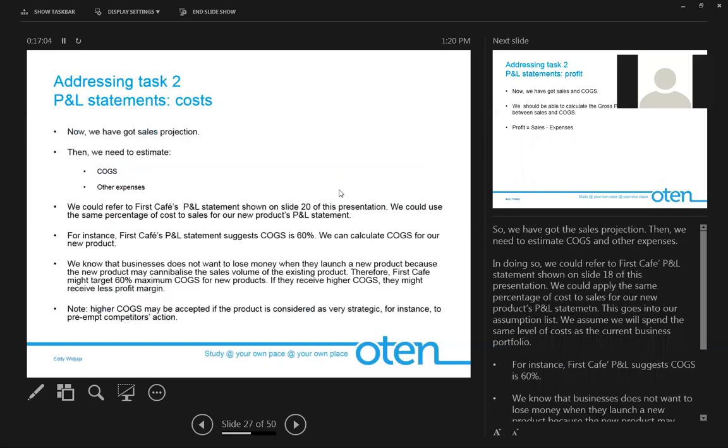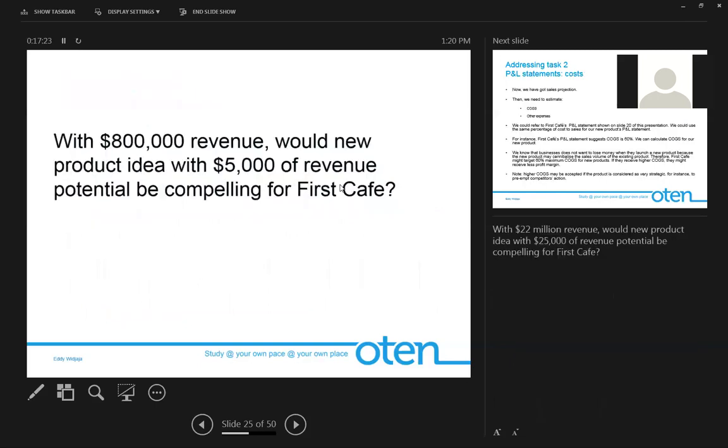Now we need to estimate costs and other expenses. There are a number of things that we can do. For costs, I would suggest that you refer to the first cafe's profit and loss statement shown on slide 20. Let's go back to slide 20.